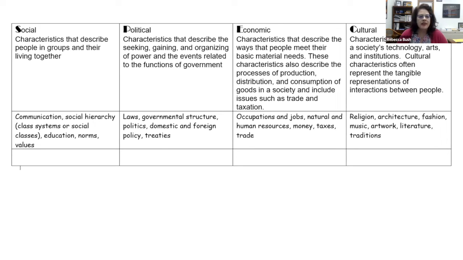And some of you in this session are already using SPEC because we use it a lot in our Giants curriculum. But it really is a way of helping students organize their specific categories of thinking, if you will.